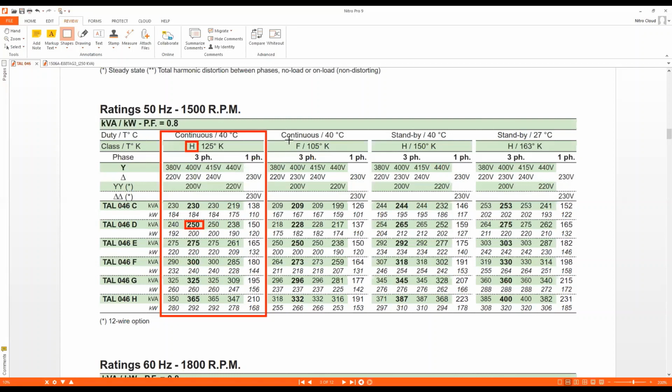However, if I consider a temperature rise class F, meaning I don't want to push my alternator to its limits, I want to extend its life, rather than using it for 20,000 hours, just an example, it would last 25 or 30,000 hours. So this tells me that my output, which I should consider, is 228 kVA. You noticed that, considering a class F temperature rise, my alternator output is less.